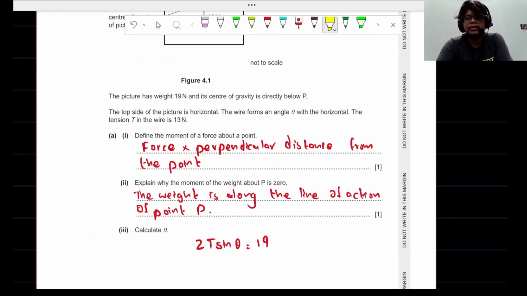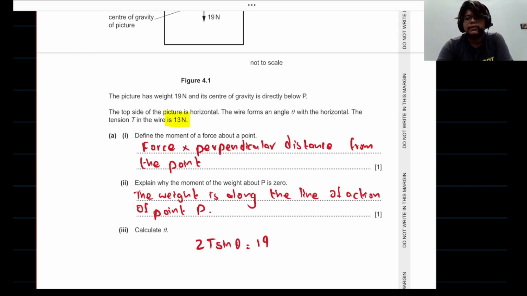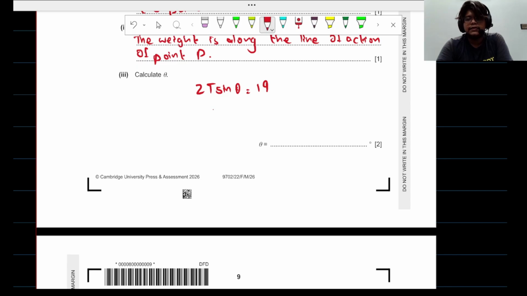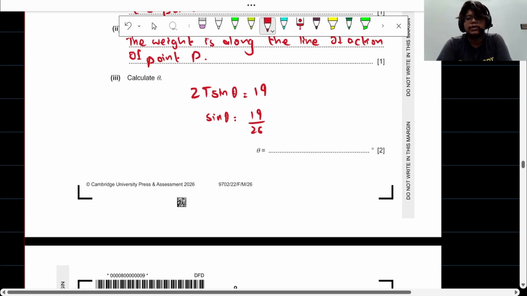So T in the wire is 13, which means sin theta would be equal to 19 upon 26, that is 2 times 13. So your angle would be sin inverse of 19 upon 26, that is around 47 degrees.